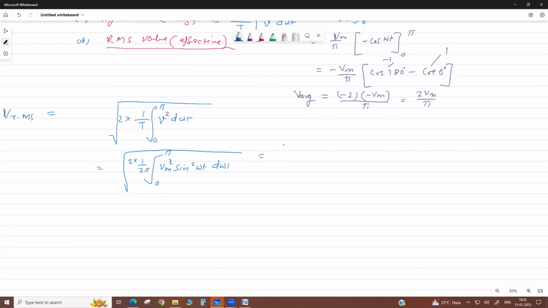Here this goes outside. Now it is Vm by 2, 2 cancels by pi. Again this 2 cancels, then Vm square by pi is constant, and then sine square omega t changes. There is a formula, sine square theta equals (1 minus cos 2 theta) by 2.